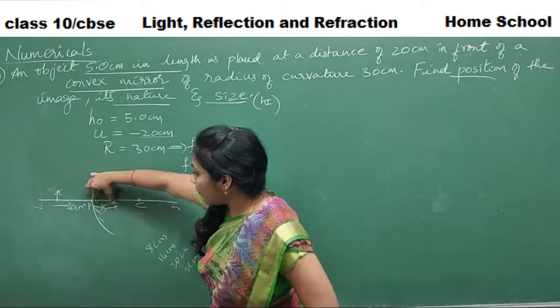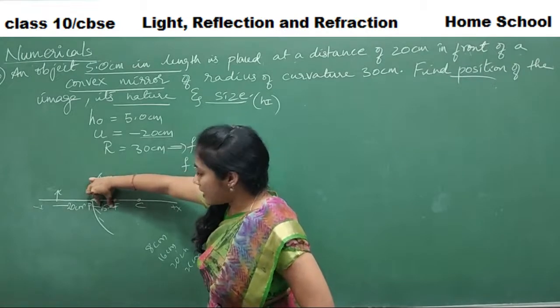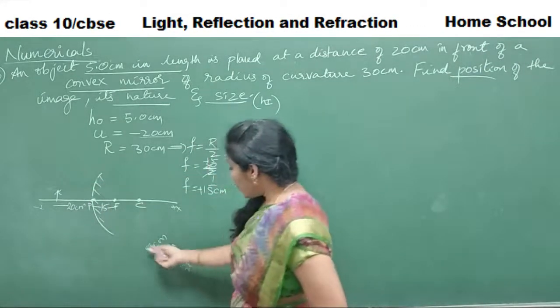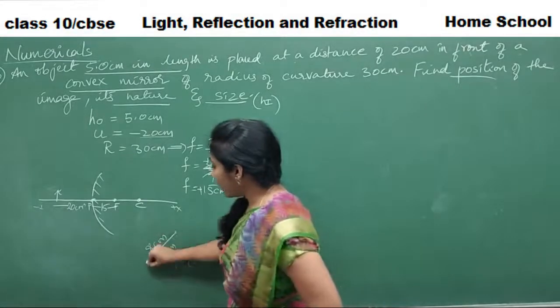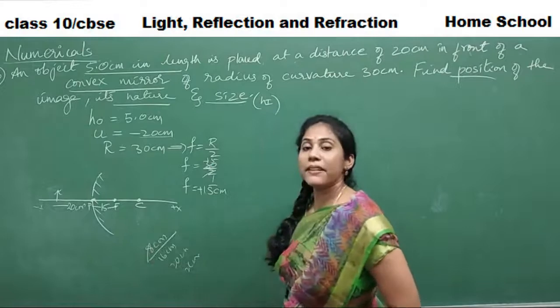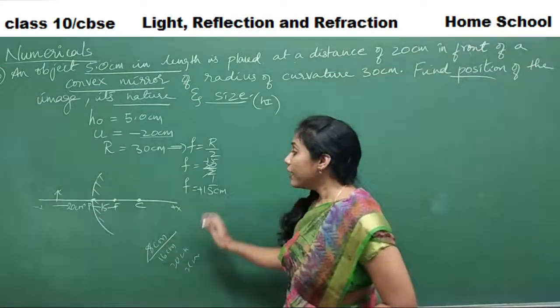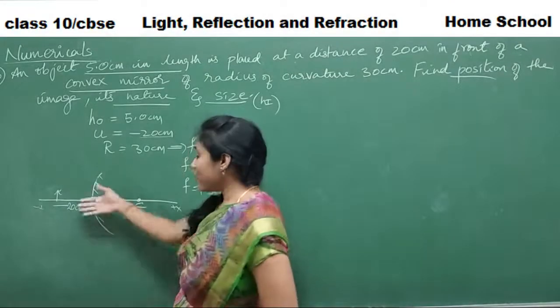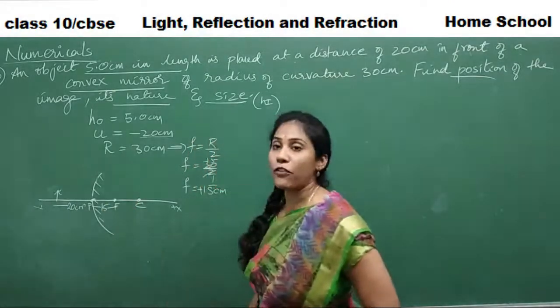The distance between pole and focus point is the focal length, that is 15 centimeter. Your answer will be within 15. So which value is within 15? 8. So you need not calculate. Blindly you can say your answer is 8 centimeter. That's the correct answer. So if you know the concept, logically you can guess where exactly the image is getting formed.